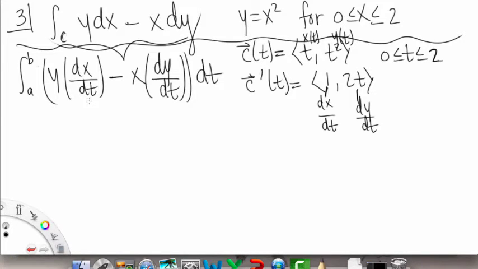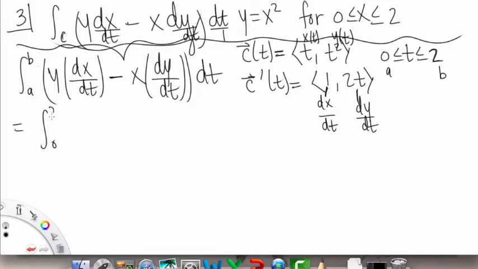See how I went backwards a little bit? I just added in the dt's again, because if you add them in on the bottom to each term, you have to add one on the outside, like over 1, right? Okay, so here I just went backwards a step, and this is our a, and this is our b, because they are the bounds for t.